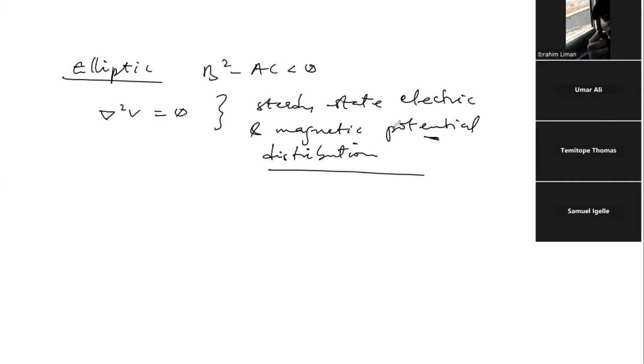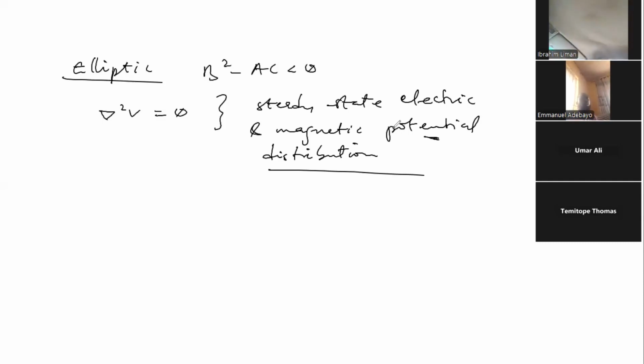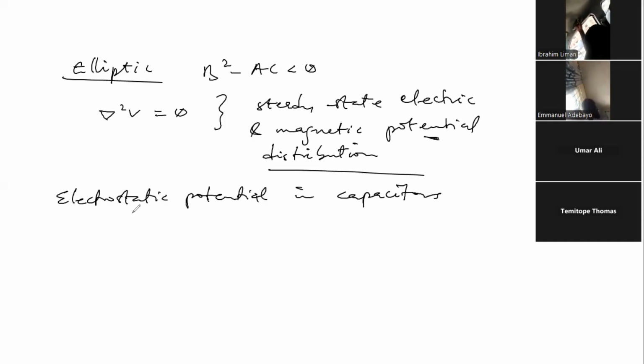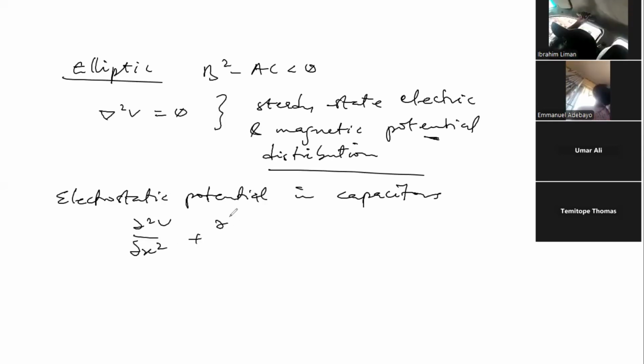Okay, so I leave that for your technical studies in some other courses. And we also have another interesting example, which is electrostatic potential in capacitors, where we have the second derivative of V with respect to x squared, plus the second derivative of V with respect to y squared, being the same as 0.